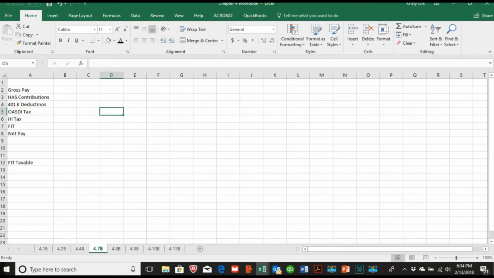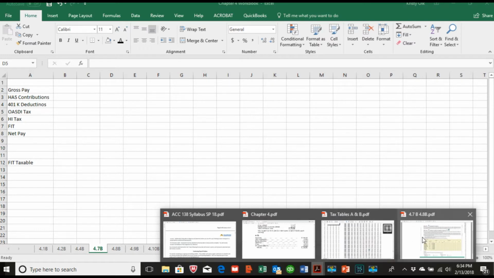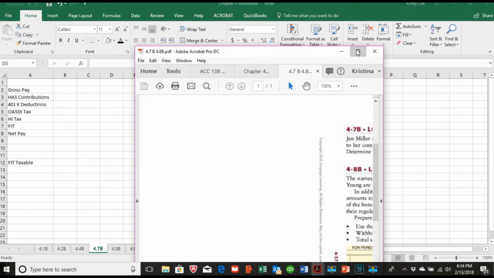Okay, so for 7, this had one I wasn't able to cut and paste in the way I would like to. So let's just drop that over here so you can read the information on it.